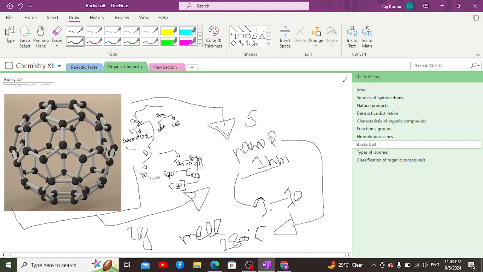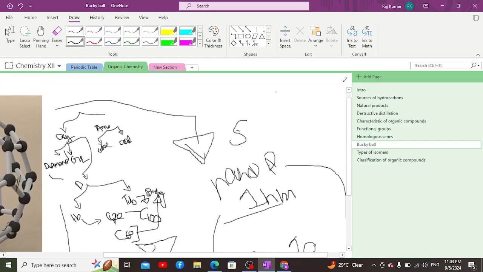As a result of the high surface area, the density of the buckyball decreases because volume is quite high, due to which Bucky Balls are light in weight.